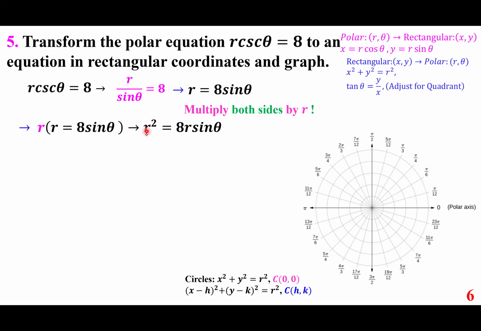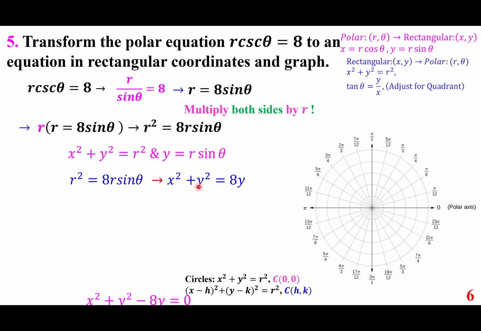R squared, we know x squared plus y squared equals r squared, and we know r sine theta is y. Therefore, you're looking at x squared plus y squared equals 8y. Again, we move the 8y next to y squared.